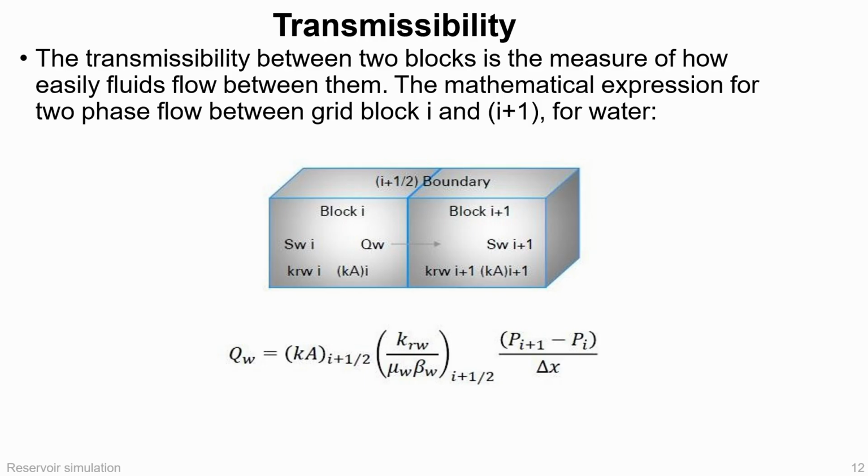This concept is extremely important because the simulator is effectively a network of grid blocks exchanging fluids. If transmissibility is high, fluids move more easily between cells. If it is low, flow is restricted. So transmissibility plays a major role in pressure communication, fluid displacement, and well performance.